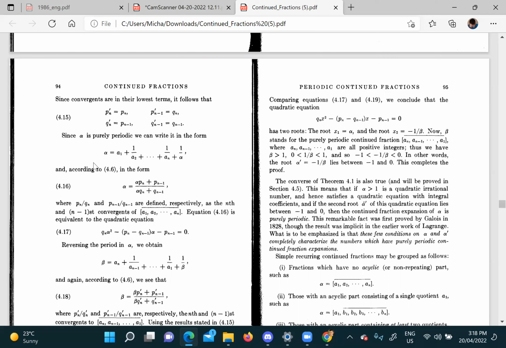I guess that also means that the other root is the negative of the... Oh, okay. So it's the converse of the statement that if alpha has a purely periodic continued fraction, then it's the root of a quadratic with integer coefficients, and the other root is between -1 and 0. Yes.